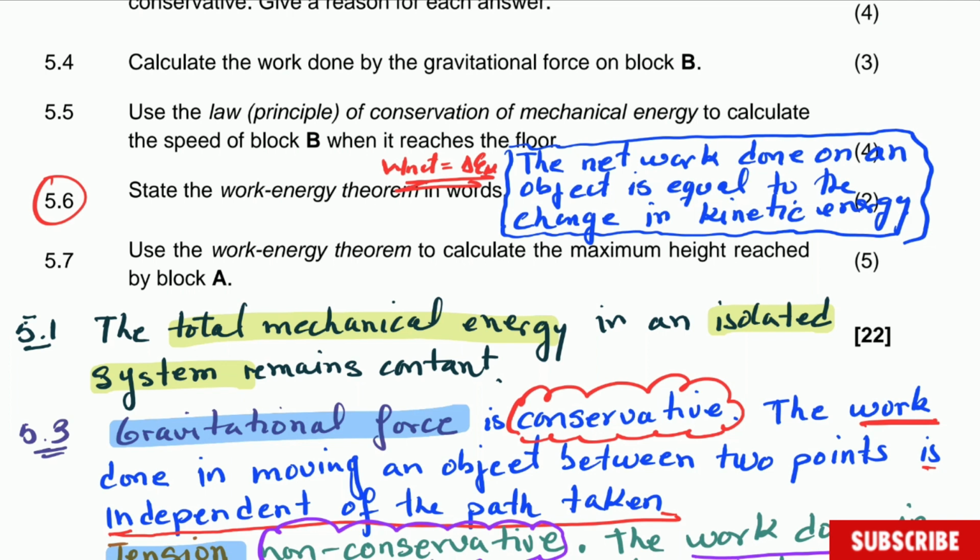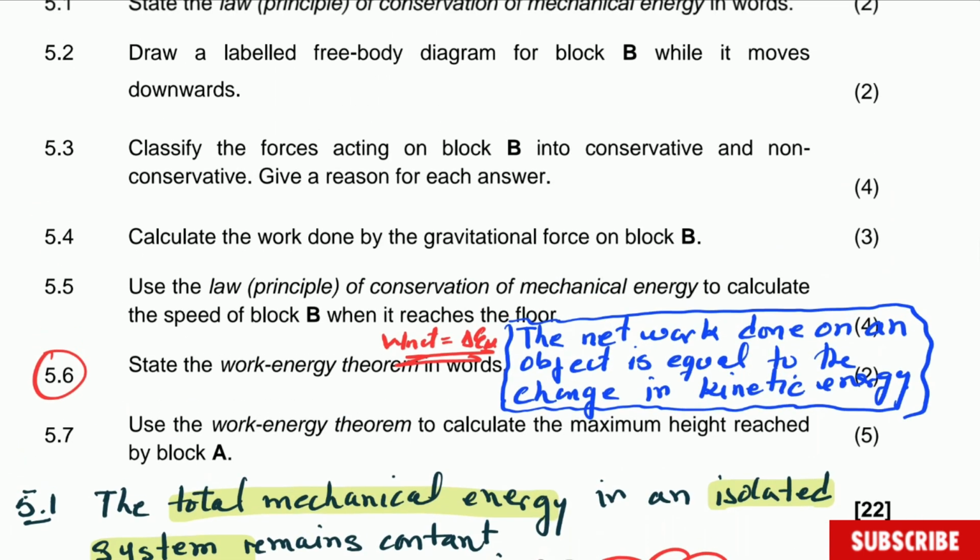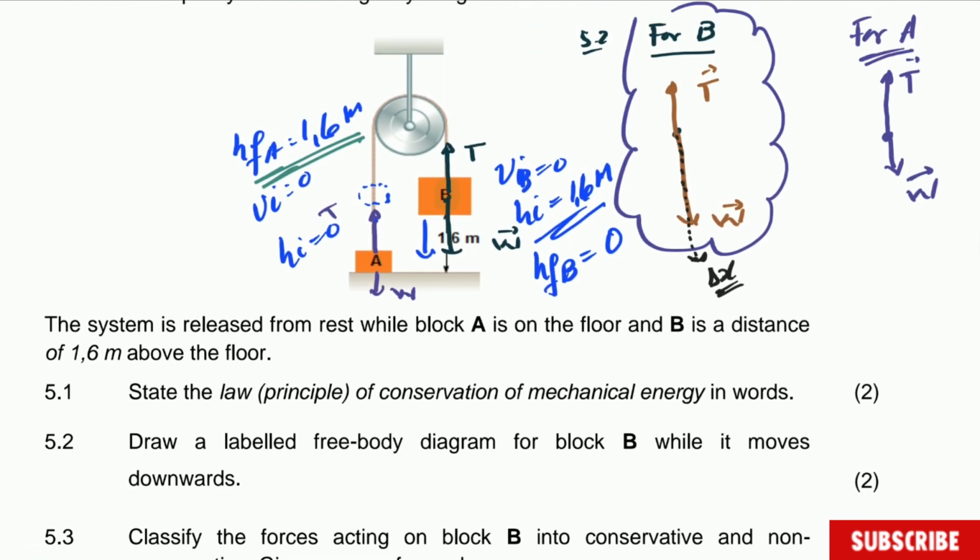And the final question says, use the work energy theorem to calculate the maximum height reached by block A. This one is also a very important, very tricky question here, guys. Note the following. When object B reaches the ground, object A is going to be at 1.6 meters above the ground.